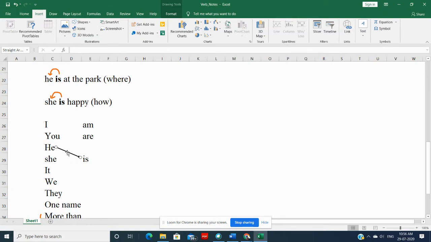Again, in case of she also, we use is. And in case of it also, we use is. Now with we, we use are. With they also we use are. And if there is only one name, we just use is.